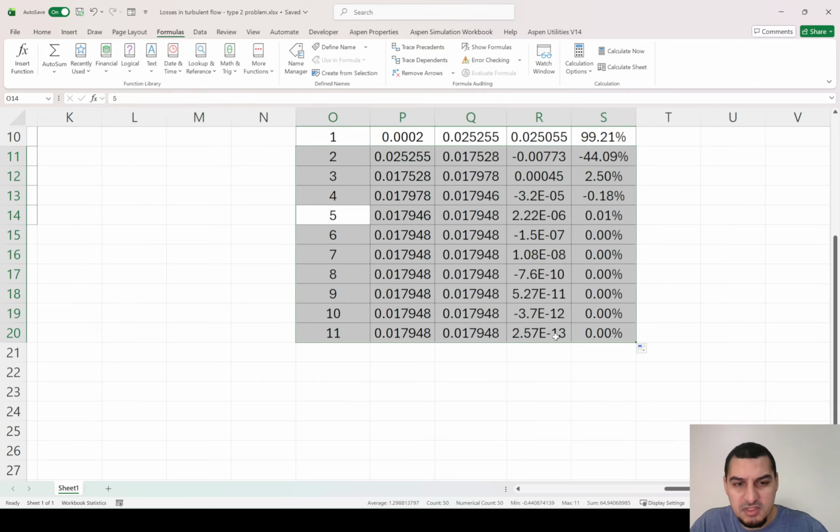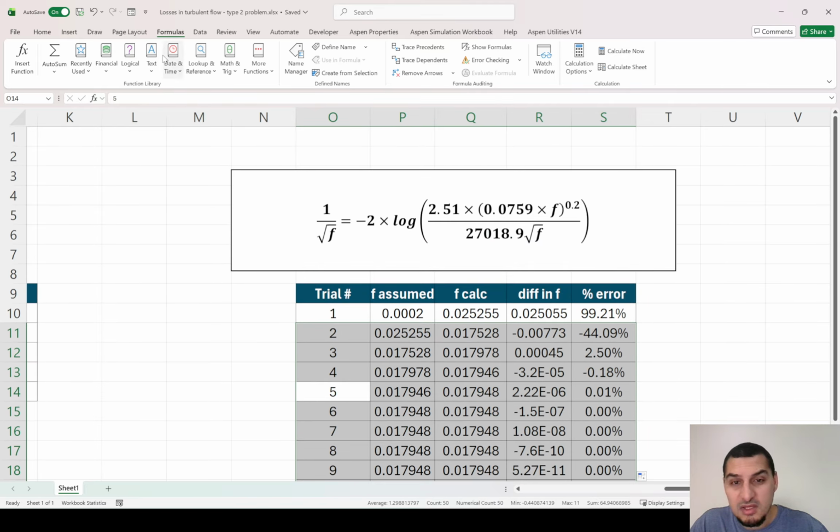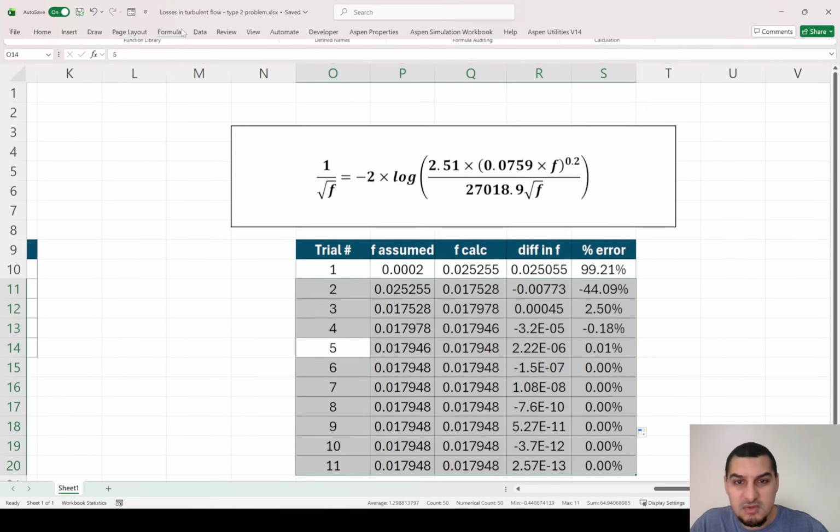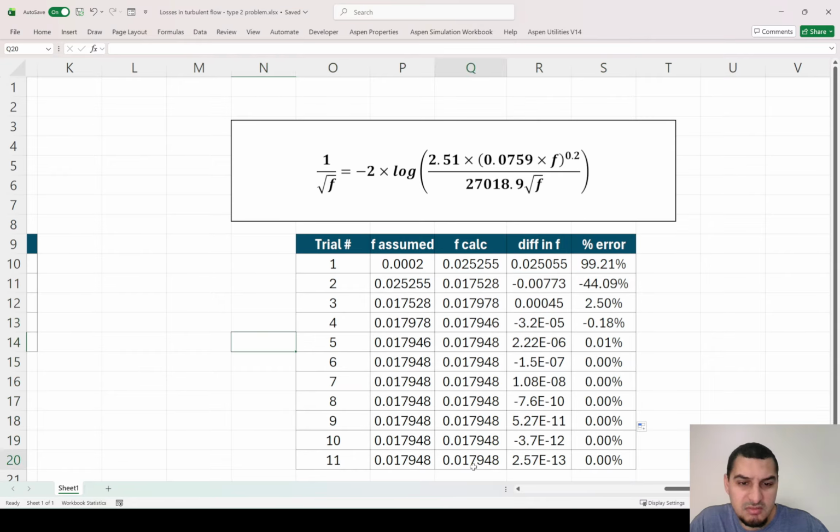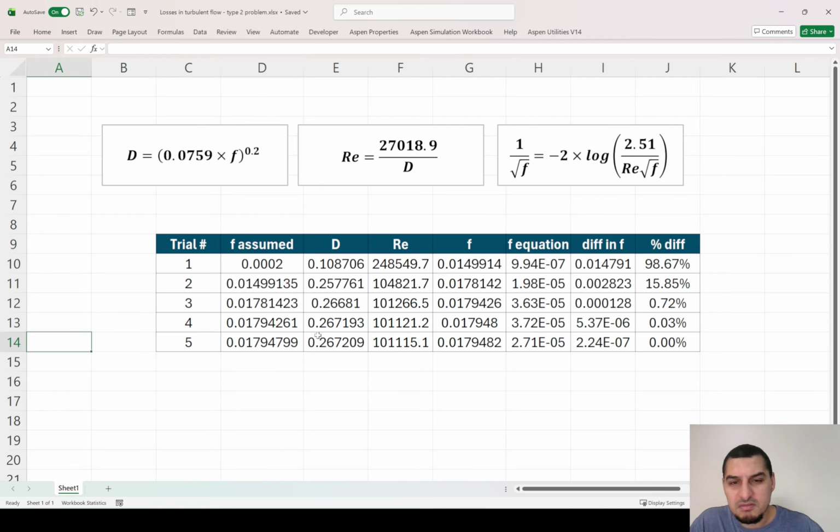The error is getting to 10 power minus 13 now, and the point here is now we're done. We got the value. It's not changing that much, and the error is 0%. So this was after 5 or 6 trials we got the final answer.